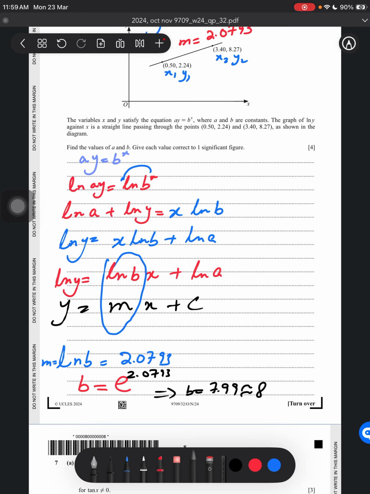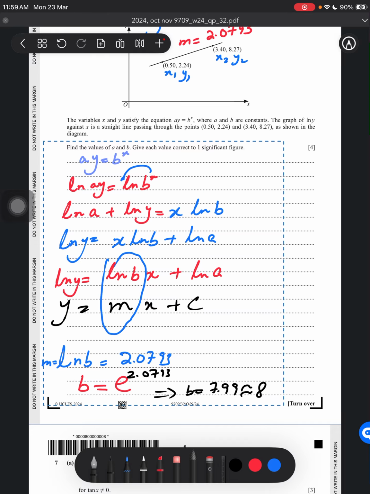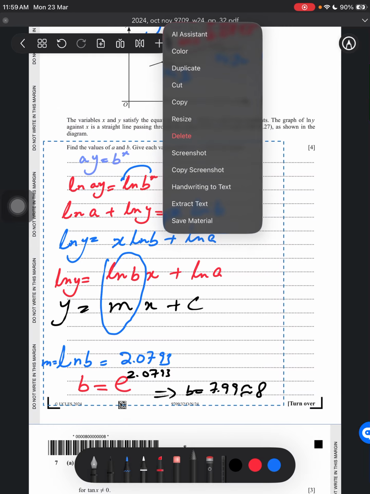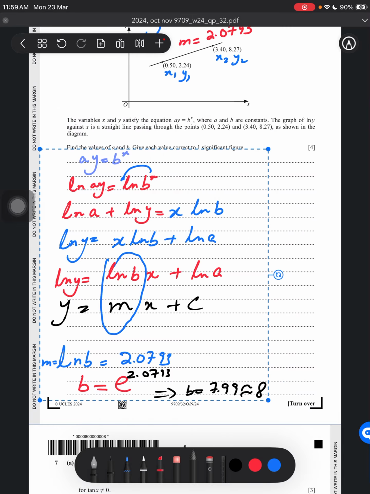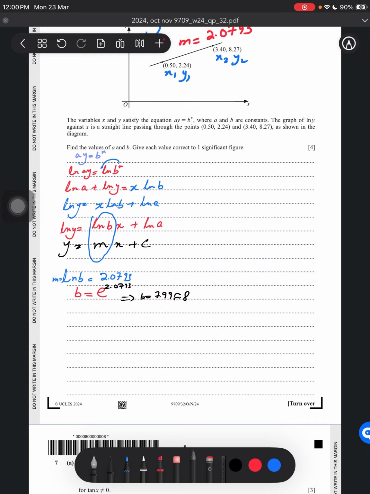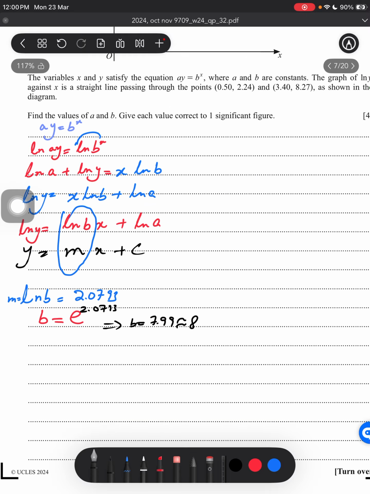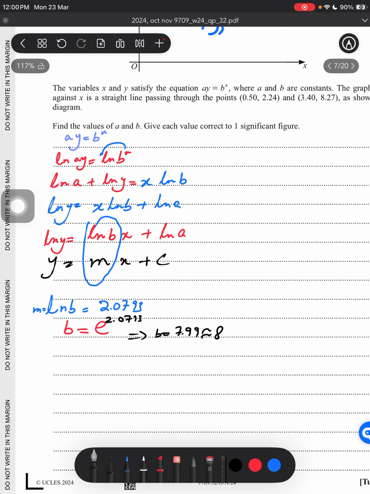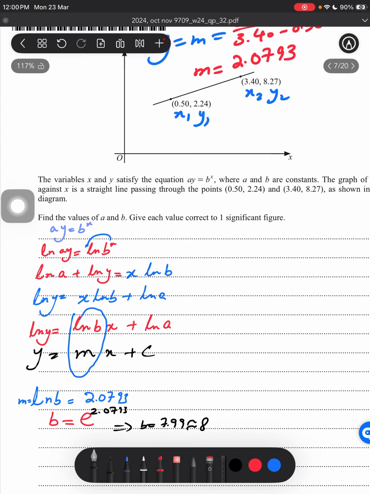Let me just resize it so that to make space. Okay, so we already have the equation, so we can take any points. We can take the first point, that can be plugged in.